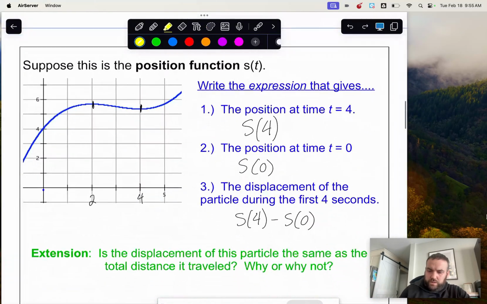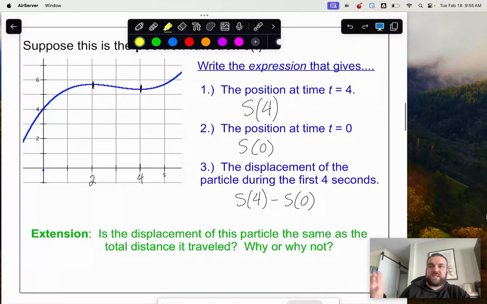And so that slight negative movement is going to automatically set the displacement and total distance traveled as different values. They will not be the same because that negative movement is counting as a negative for displacement, but it's counting as a positive for total distance traveled.